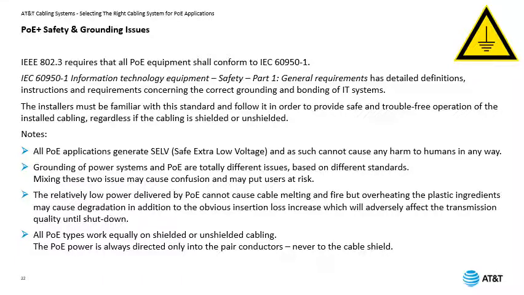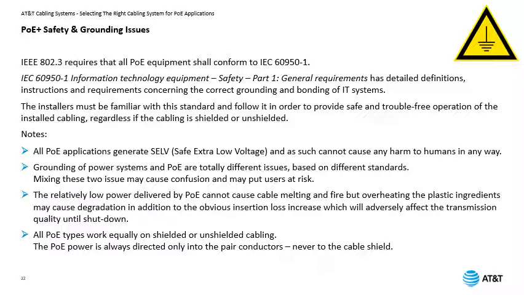After talking about cable requirements and connector requirements for PoE, we are going to talk about PoE safety and grounding issues. According to IEEE 802.3, all PoE equipment shall conform to IEC 60950-1. This is the standard on information technology equipment safety, part 1, general requirements.